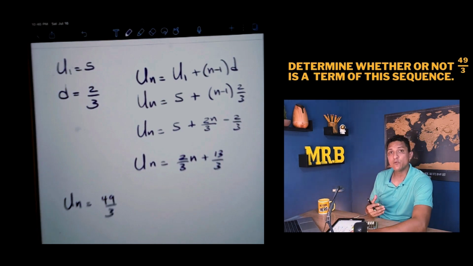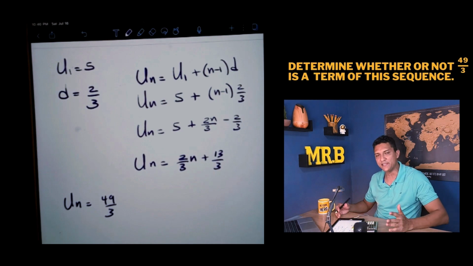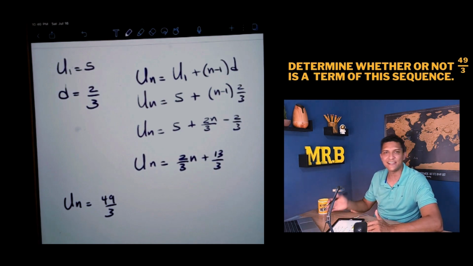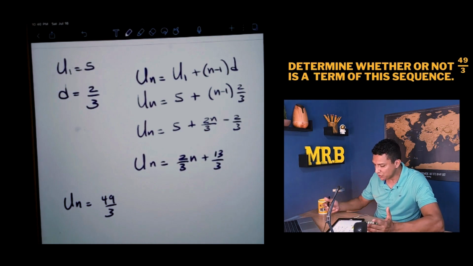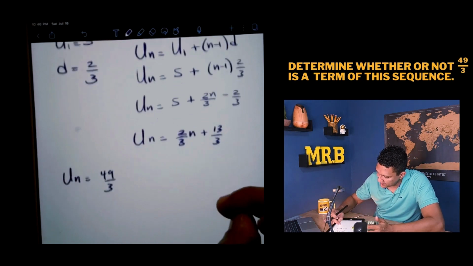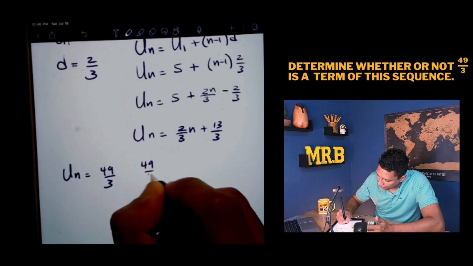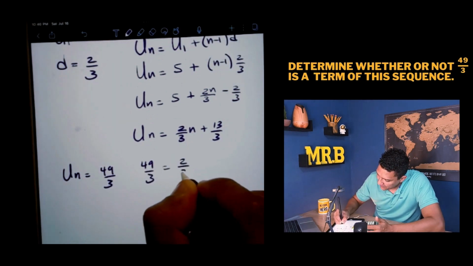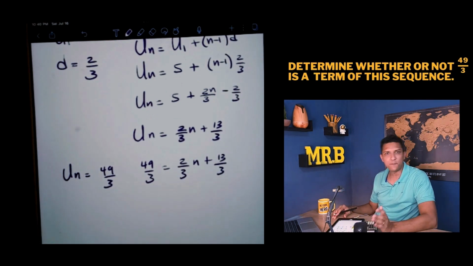I can do it manually, but if you don't feel comfortable solving equations, I'm going to do it both ways. I'm going to do it first manually, and then I'm going to use the calculator so you can observe how to solve it. So manually, I just need to replace un by 49 thirds. And something that I told you is that what we're going to find is the value of n.